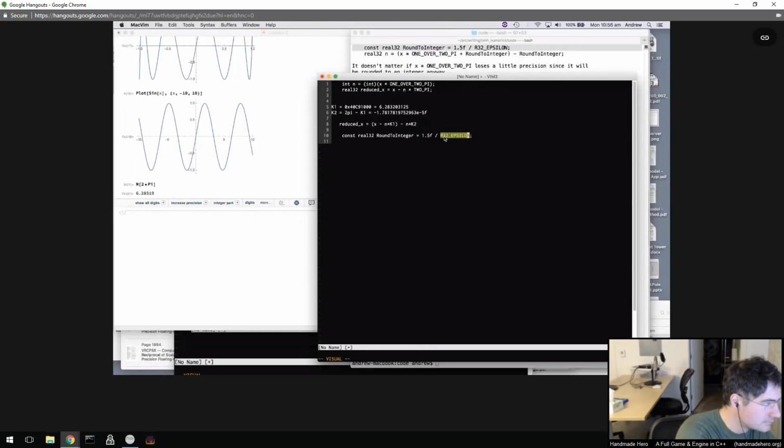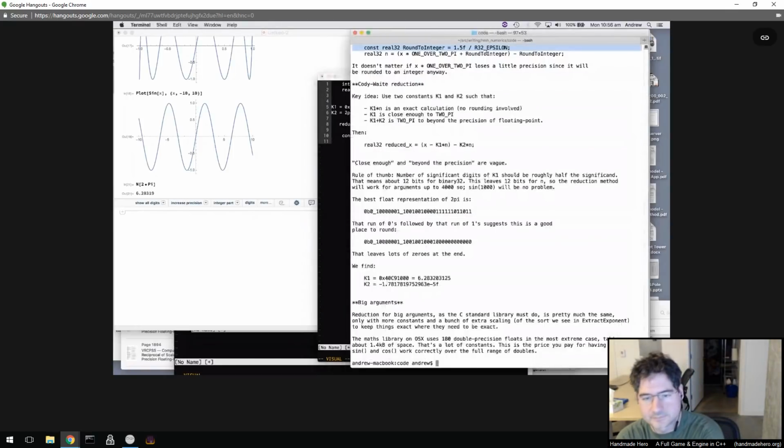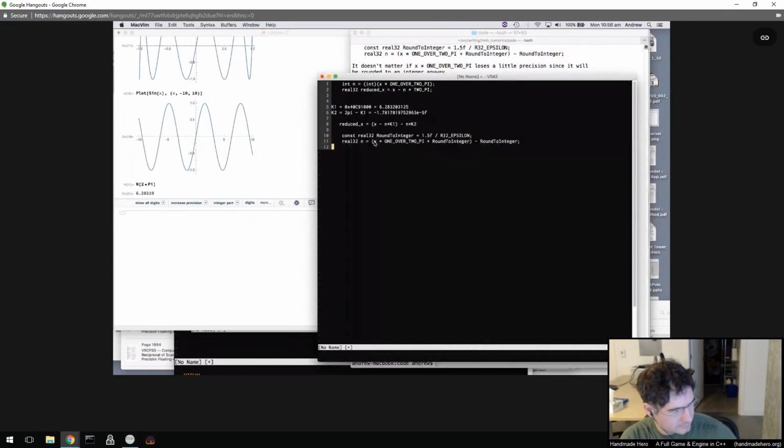So it's a reasonably big number. But it has this really interesting feature that if you take a number like x times 1 over 2 pi, add that number and then subtract that number, it has the effect of rounding this value to an integer, as long as this addition and subtraction will fit.